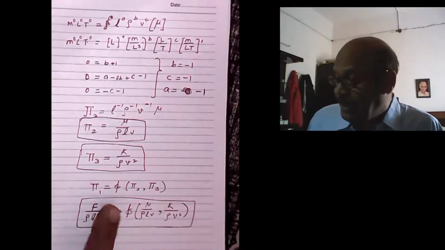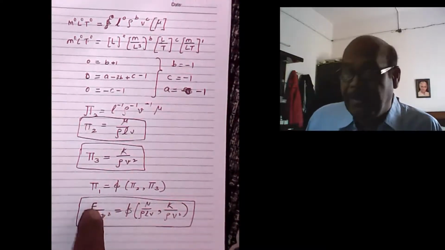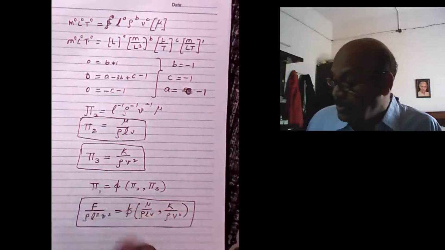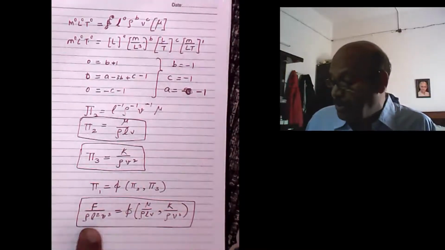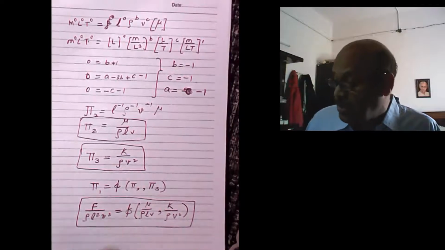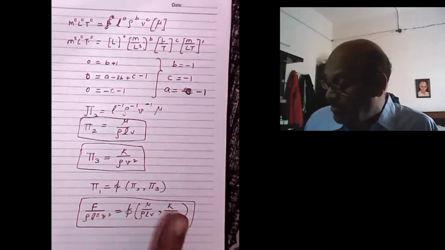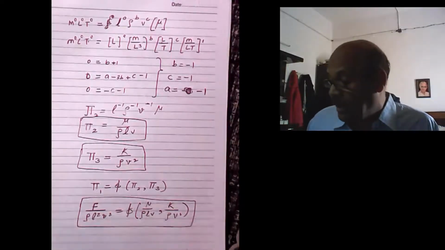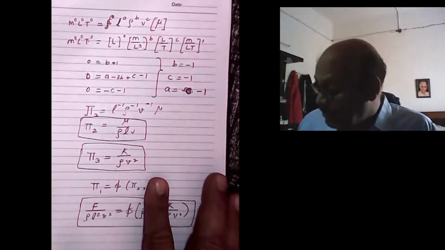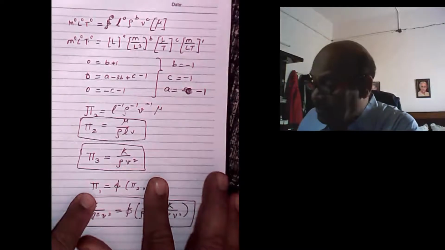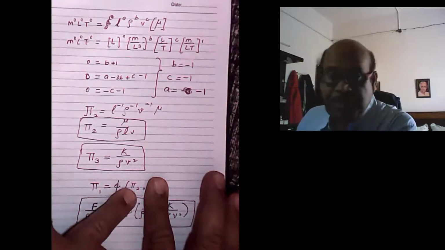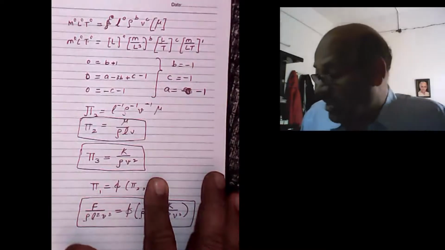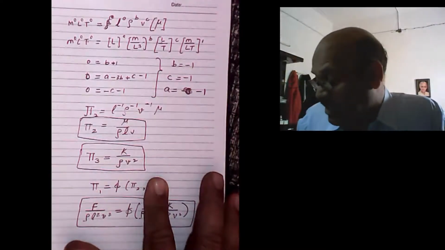So this f is the dependent variable and this is the function we have worked out. So this group f upon rho L square V square will be studied with reference to pi 2 and pi 3. So how to do it? Pi 3 will be kept constant and you have to draw a curve between pi 1 and pi 2. Okay, you will get a set of curves for various values of pi 2 and various values of pi 1.